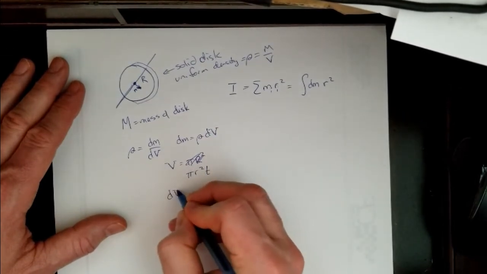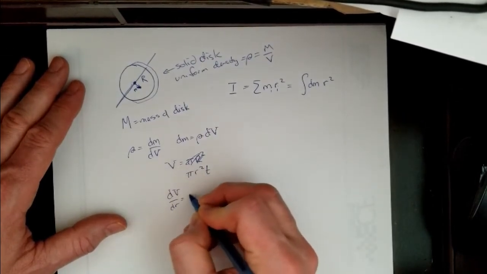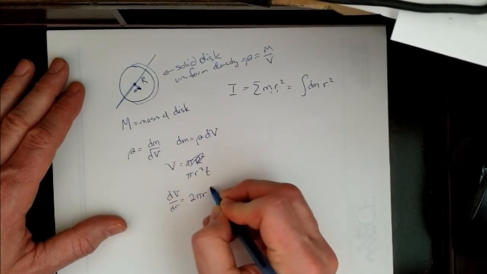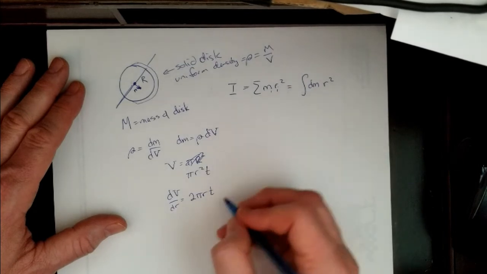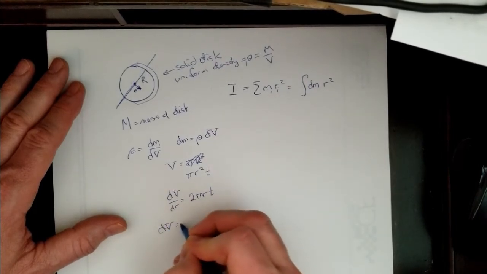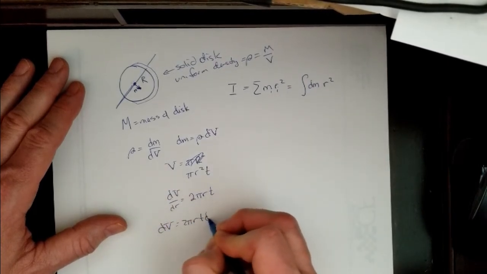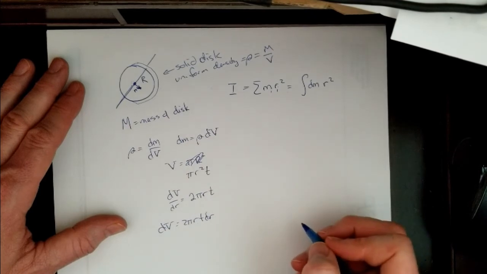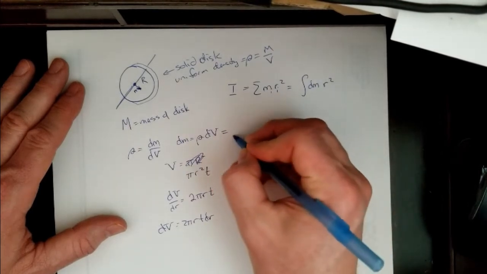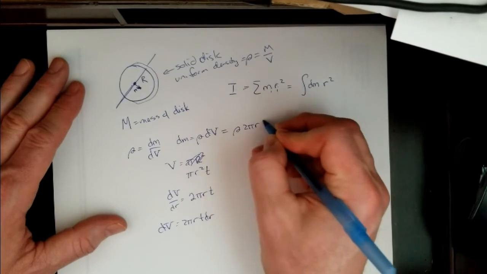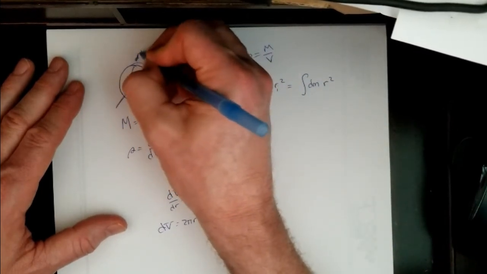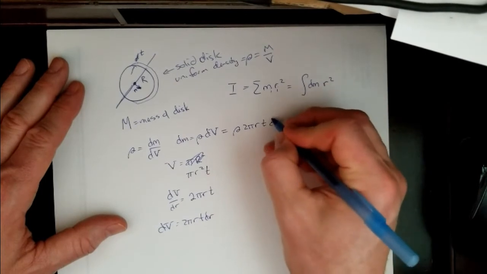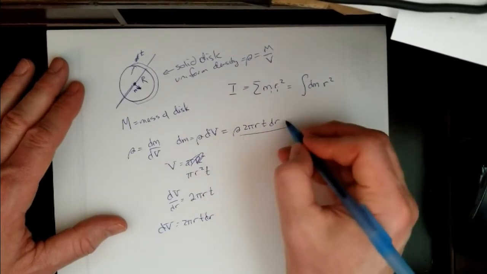So dV/dr is equal to 2 pi r times the thickness. In other words, dV is equal to 2 pi r t dr. And so this becomes rho times 2 pi r times the thickness, and I should actually put that in there, thickness, dr. So I'm going to put that into this.